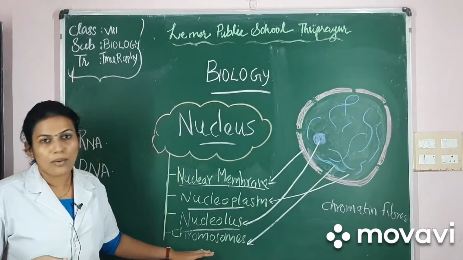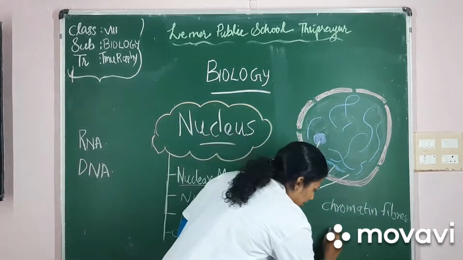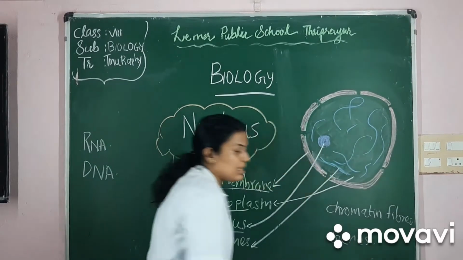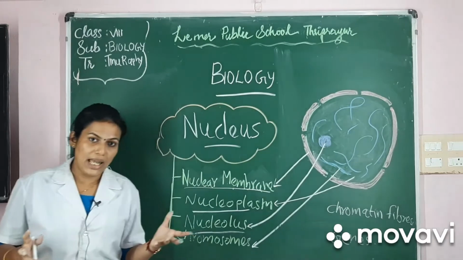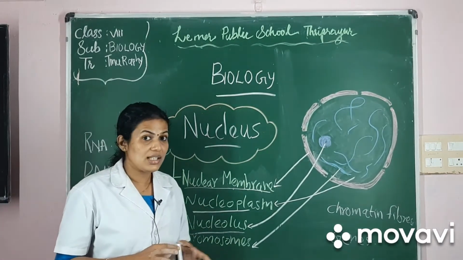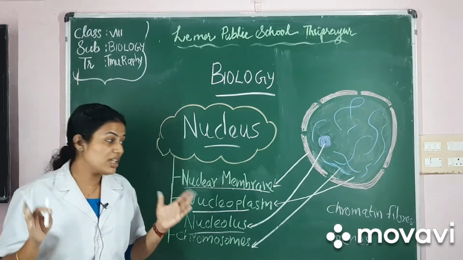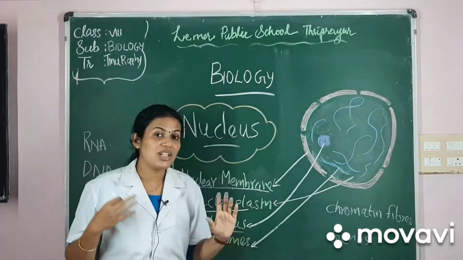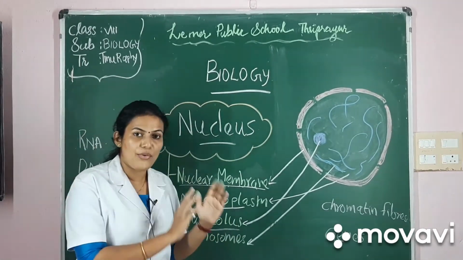The function of these chromosomes is that they carry genes. Genes are the genetical material of an organism, and these genes are responsible for carrying genetical characters from a parent to offspring.